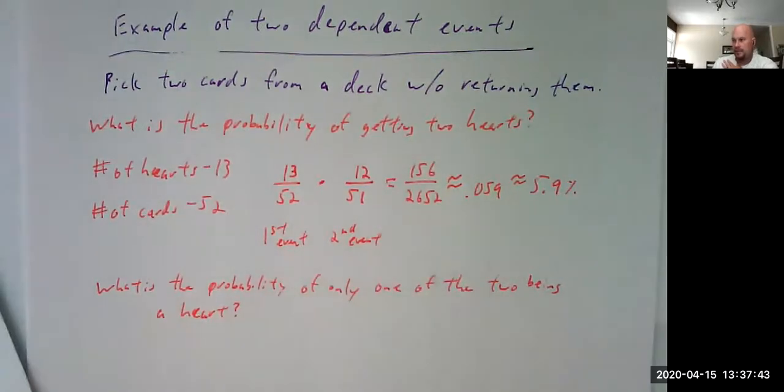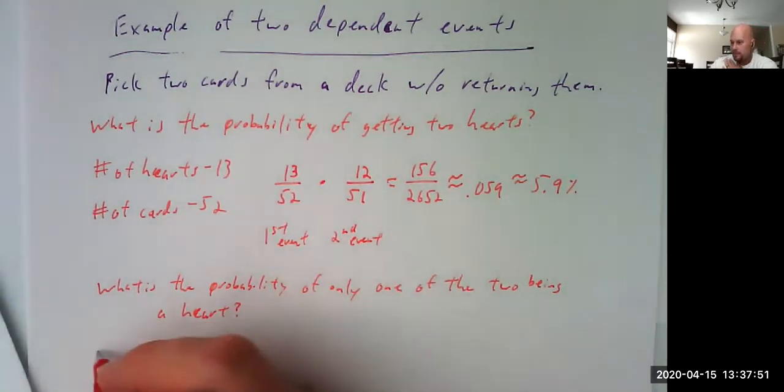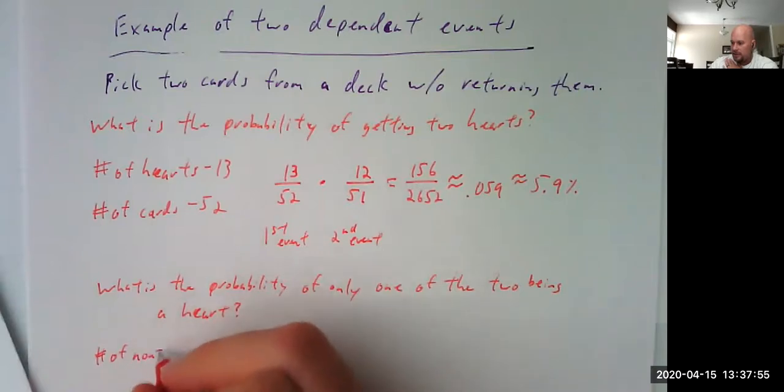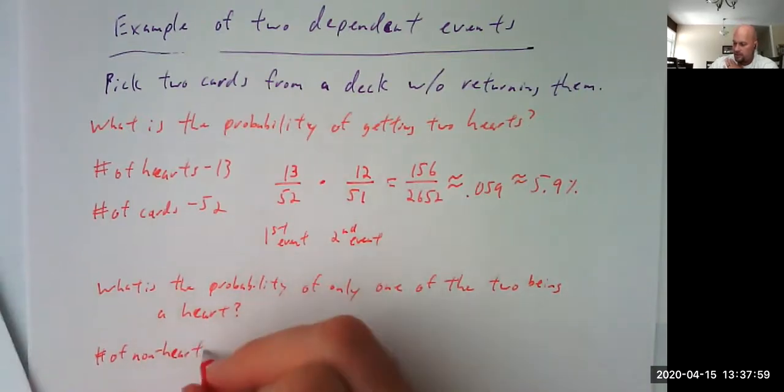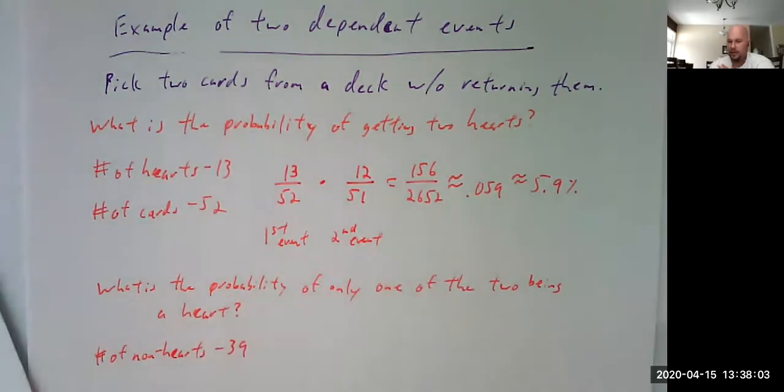So same idea, but now you gotta think about how many cards are not hearts. So I gotta think about the number of non-heart cards, which is 39. 2 ways to come up with that number.